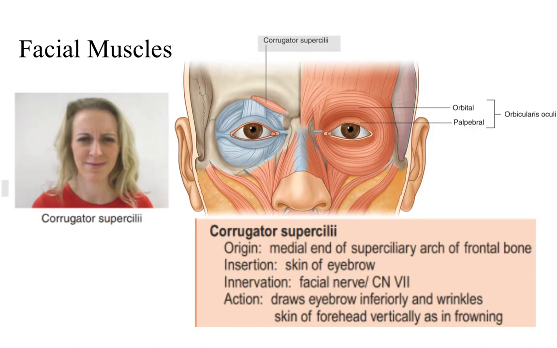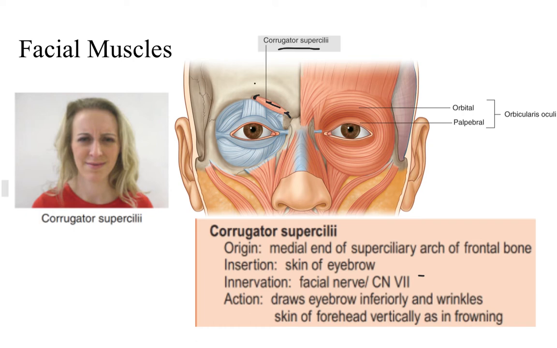All right, the next muscle is called the Corrugator supercilii, and that's a really small muscle located between the superciliary arch of the frontal bone, which is right here, and the skin of the eyebrow over here. And what it's going to do when stimulated by, again, cranial nerve 7 is to draw the eyebrow inferiorly.